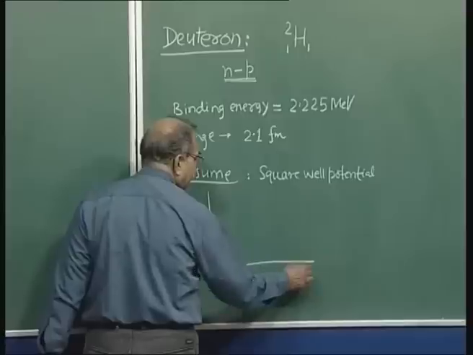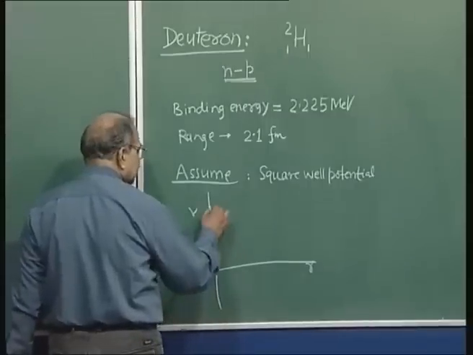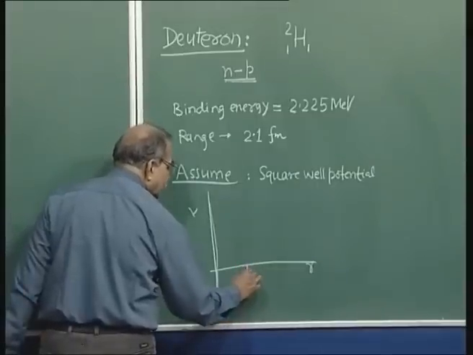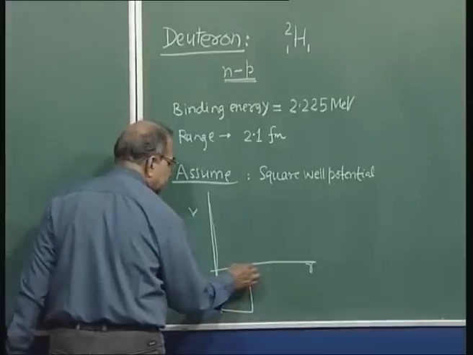As a function of r, we say that the potential is like this. This is r equal to 0 and this is r equal to r naught, and this is the potential.